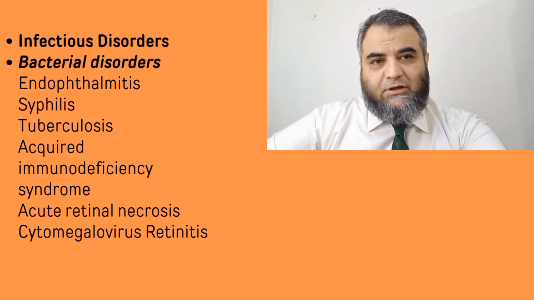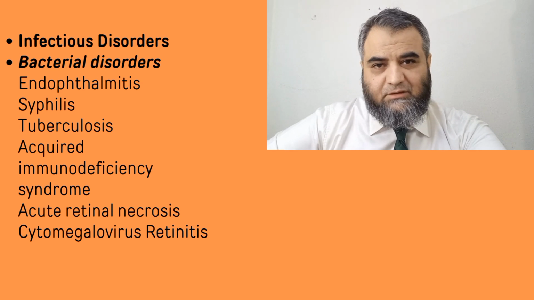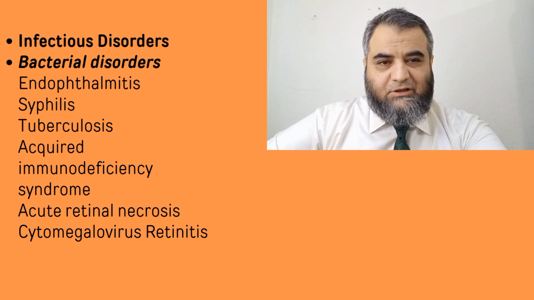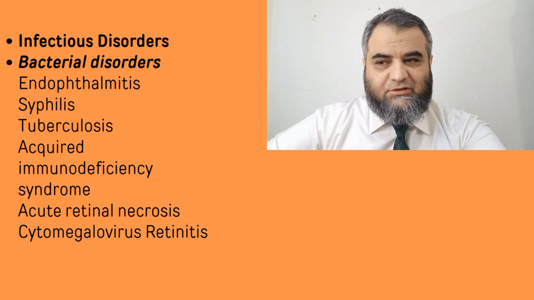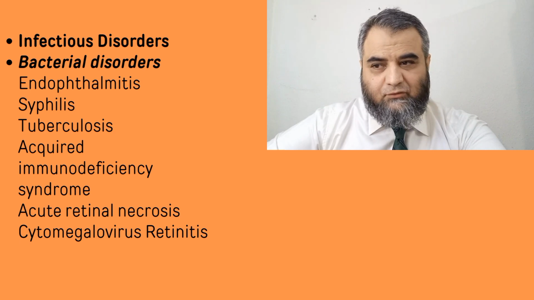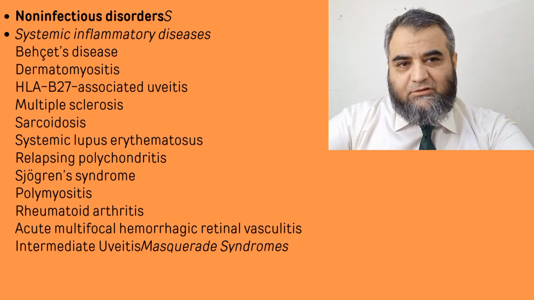There are a number of causes for vasculitis. Let's start from the infectious causes. They may be bacterial, endophthalmitis, syphilis, tuberculosis, acquired immunodeficiency disease, acute retinal necrosis, cytomegalovirus retinitis. Talking about the non-infectious causes, there are many, like sarcoidosis.